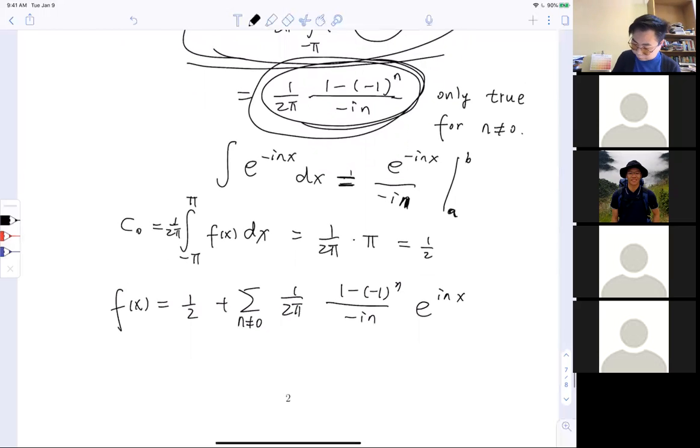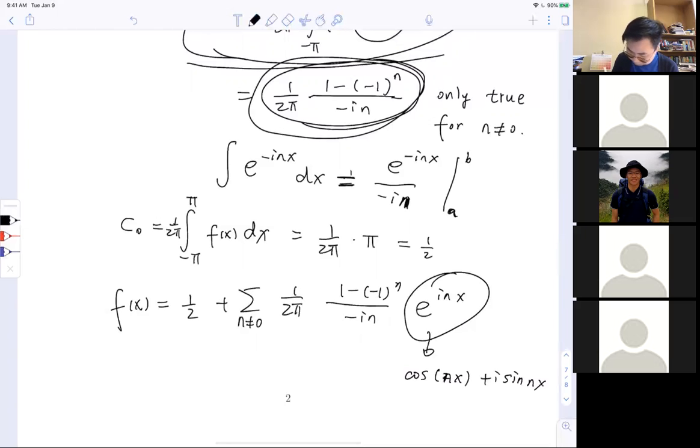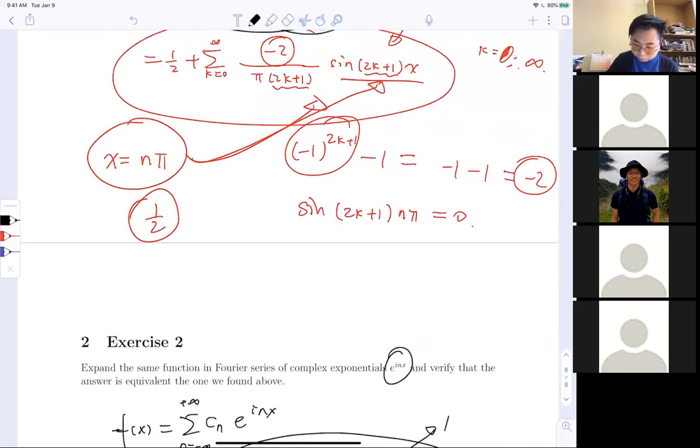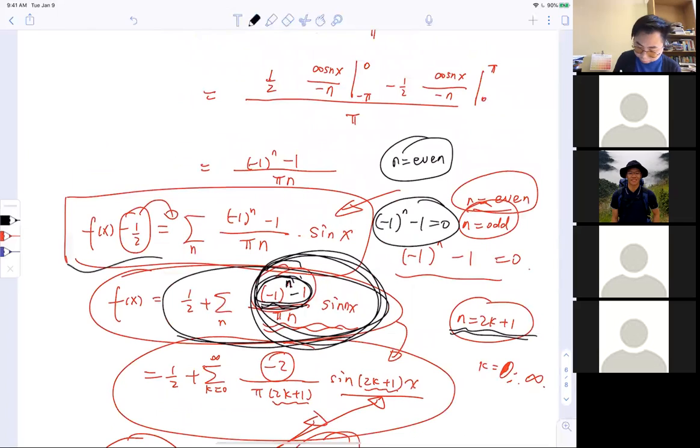And you can prove, by writing e^{inx} as cosine nx plus i sine nx, that this expansion is equivalent to the expansion we had before. This one.